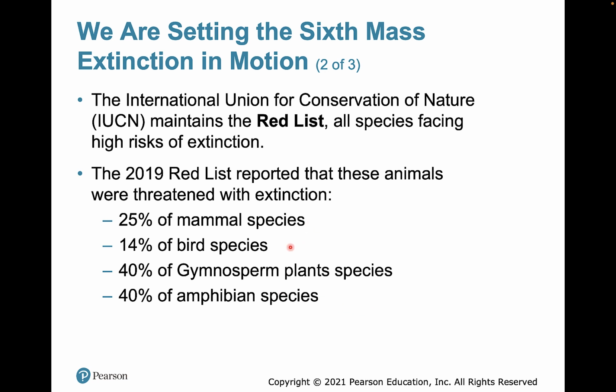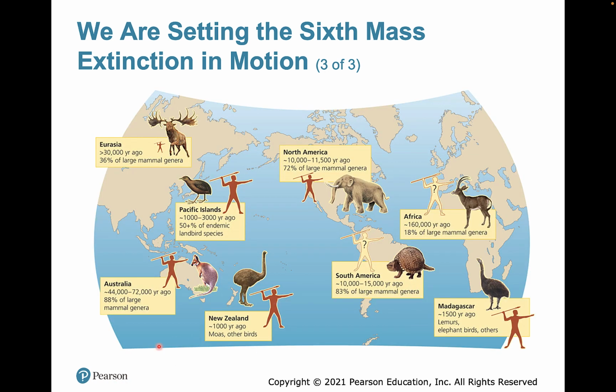A quarter of mammal species, 14% of bird species, 40% of gymnosperm or evergreen species, and 40% of amphibians are threatened with extinction. Yeah, organisms that existed that now no longer exist.